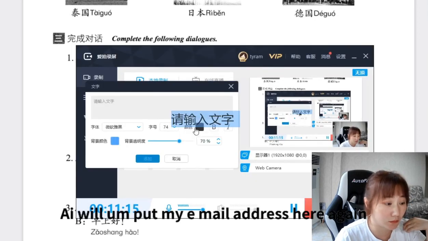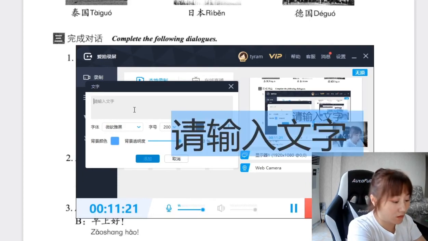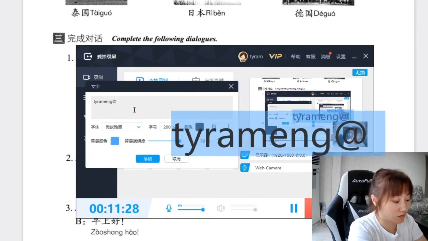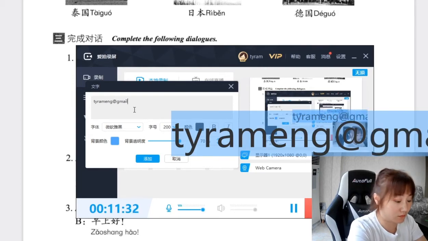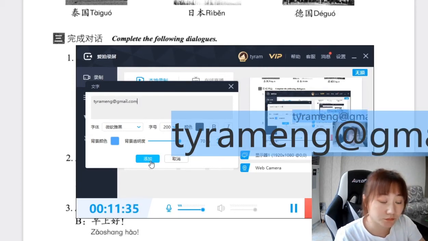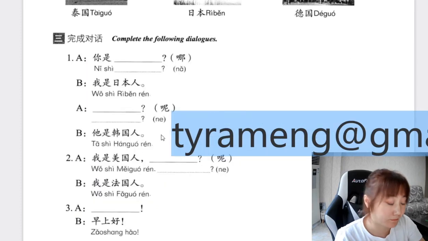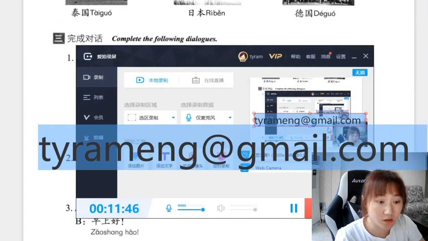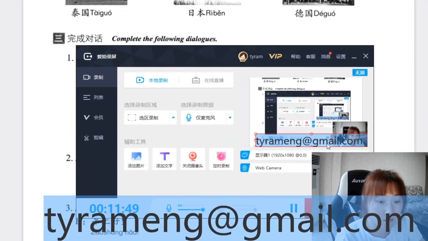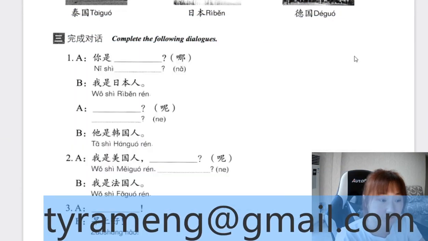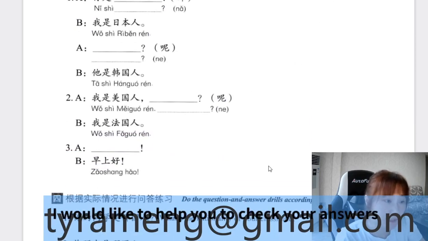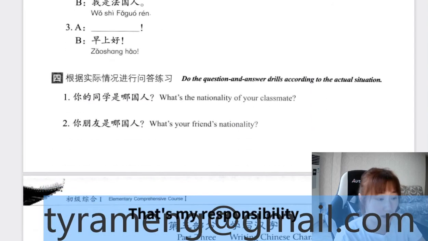I will put my email address here again. Can you see it? Yes, that's my email address, and I would like to help you to check your answers. That's my responsibility.